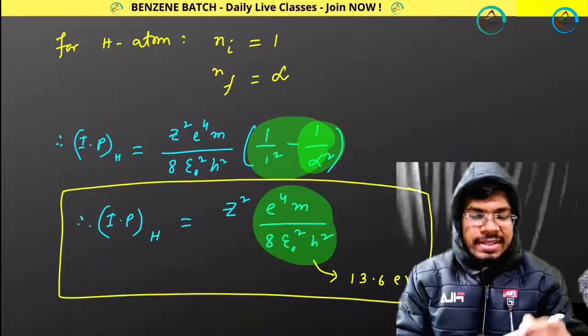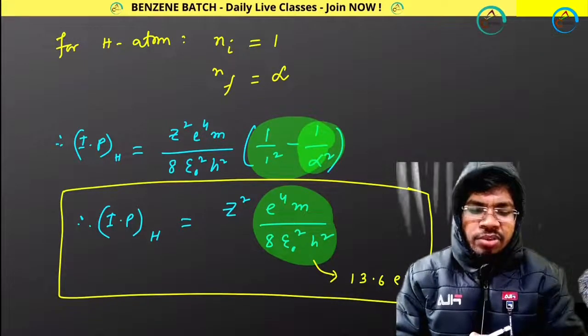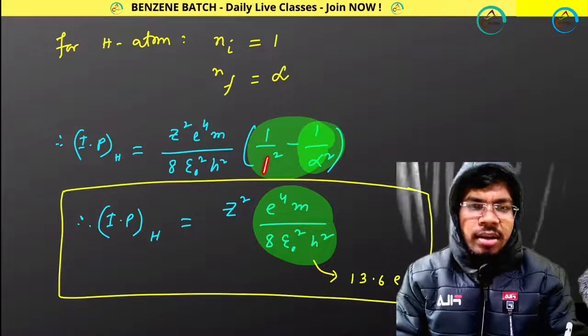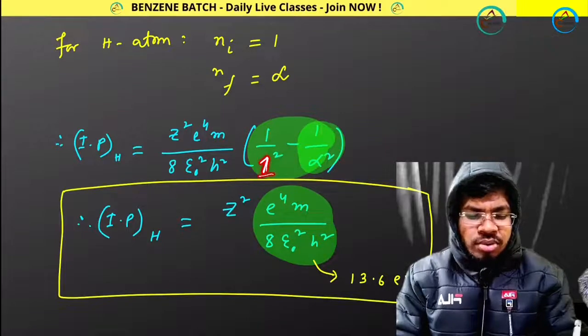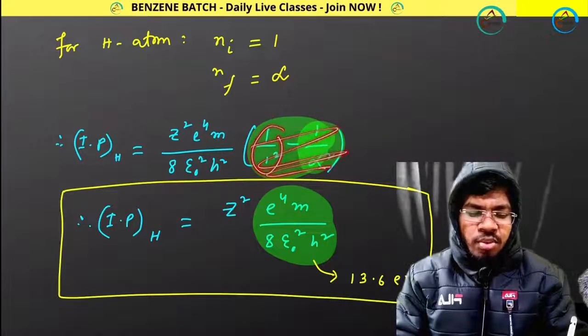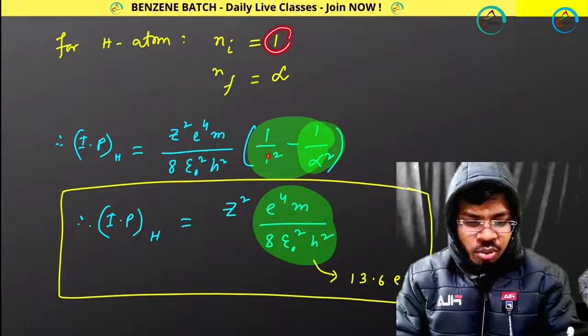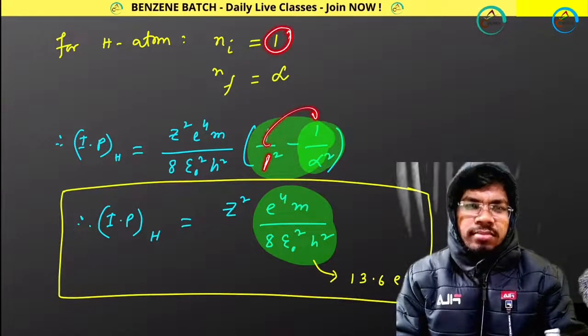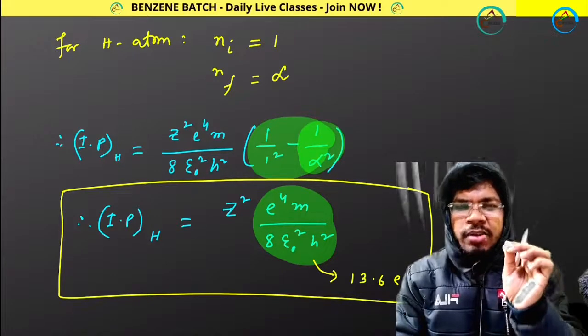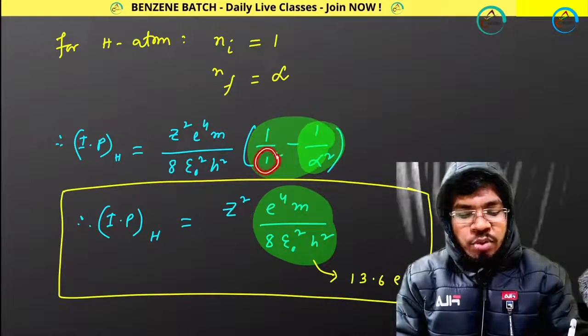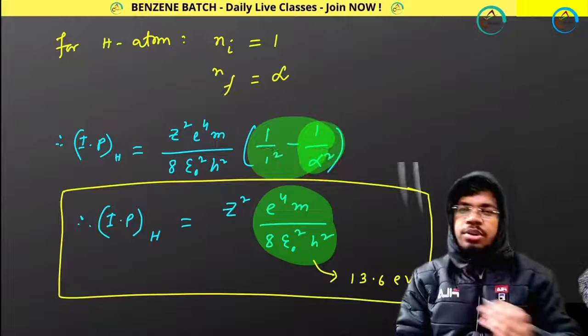And if you are sending your electron from a level other than n equals 1, just don't make it vanish. Just do one thing: instead of n equals 1, just put the other value. But whenever we are applying Bohr theory here, the initial value should be 1 and the final value should be infinity. You can't change that.